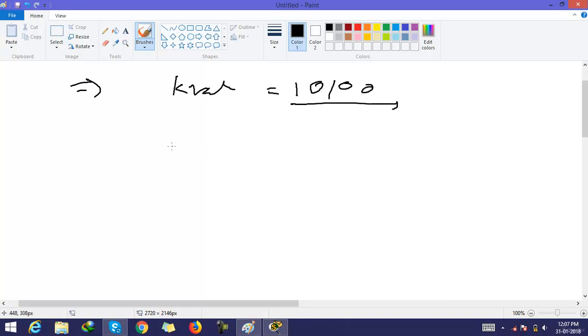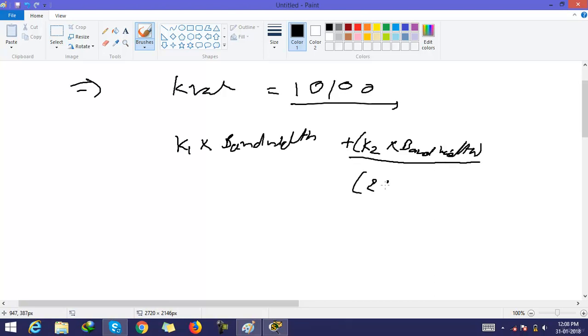So the formula for calculating the metric is K1 into the bandwidth, plus K2 multiplied by bandwidth, divided by 256 minus load. This is added to K3 multiplied by delay.